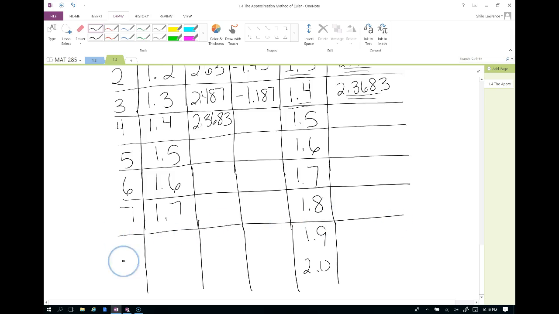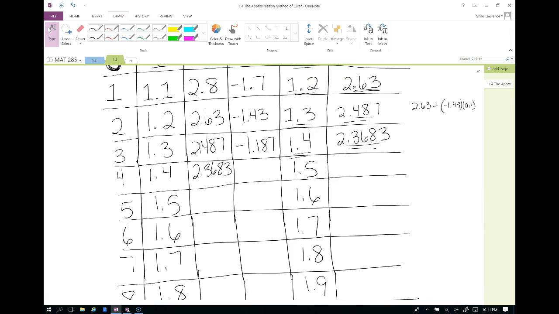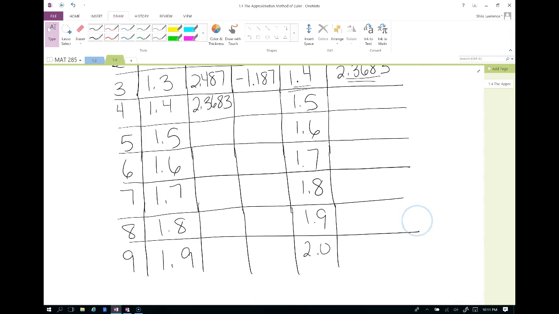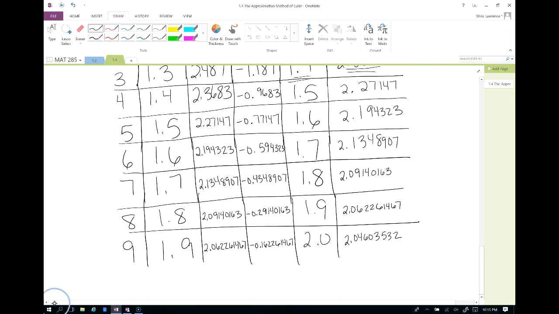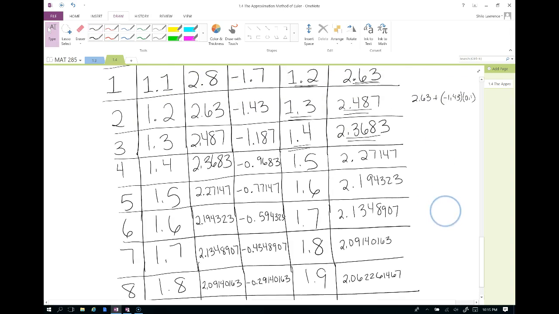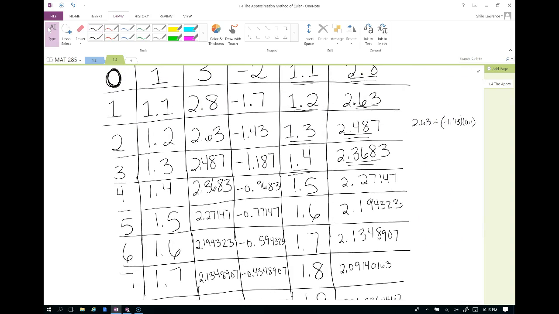So that is where we're going to stop, right there. So we need to figure out the y's, the dy dx's, and keep on going. So I've gone ahead and just finished filling in this table, doing the exact same thing that we did in the first 3 or 4 rows.